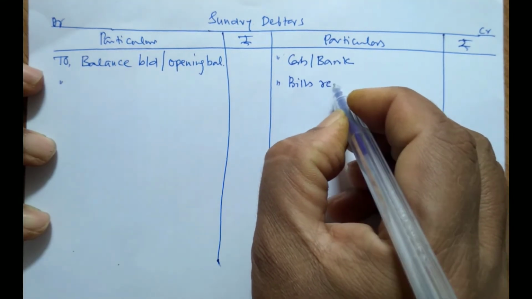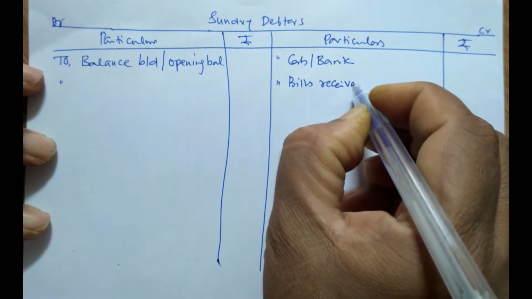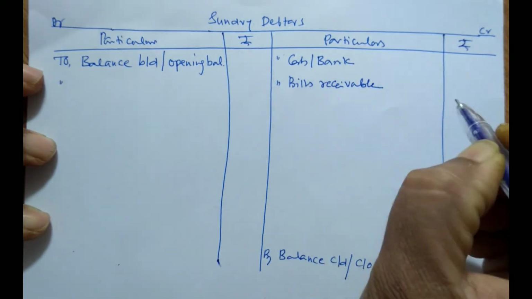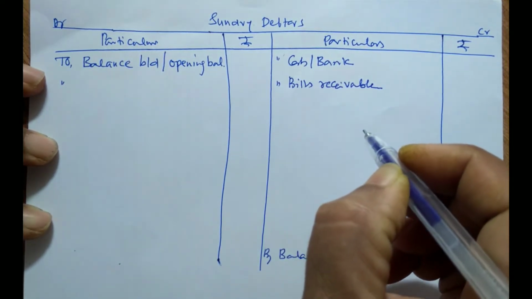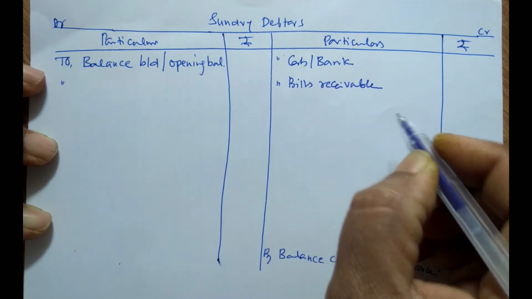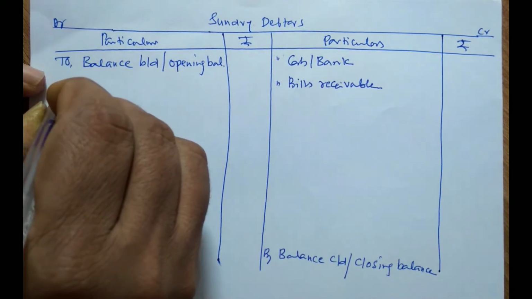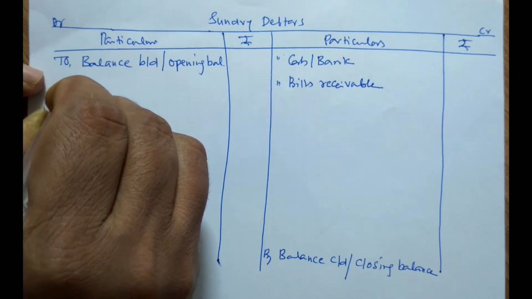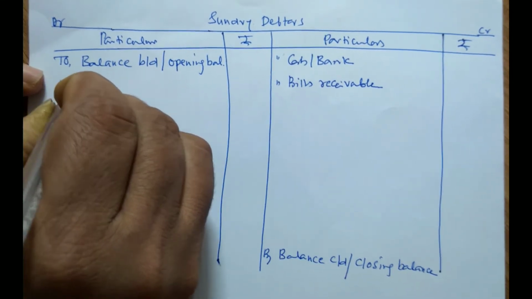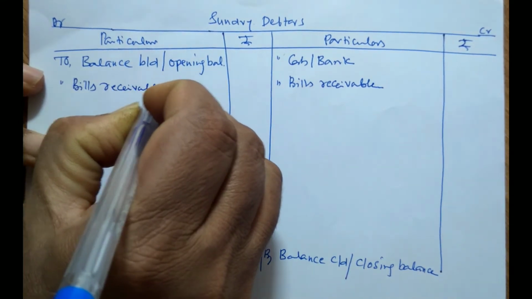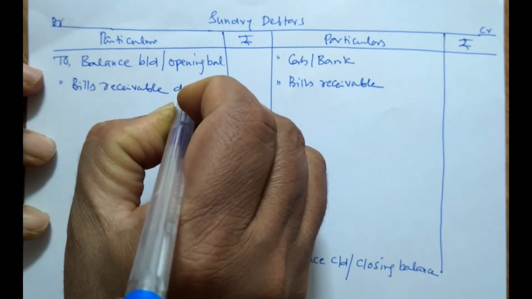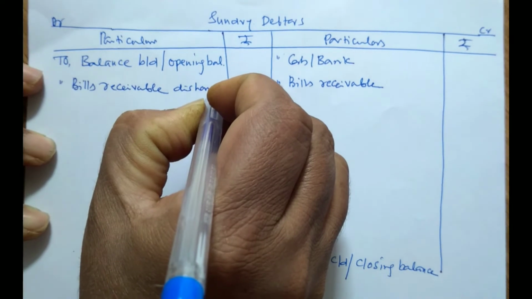These are the bills received during the year. If there are any bills dishonored, it must be debited to sundry debtors account as bills receivable dishonored.